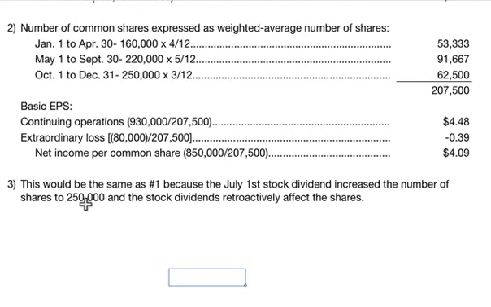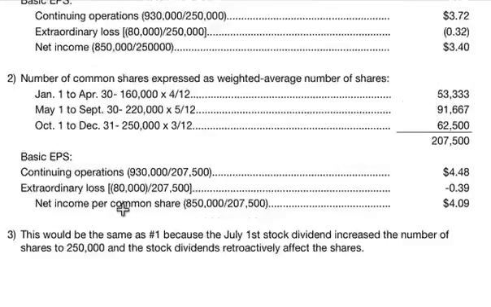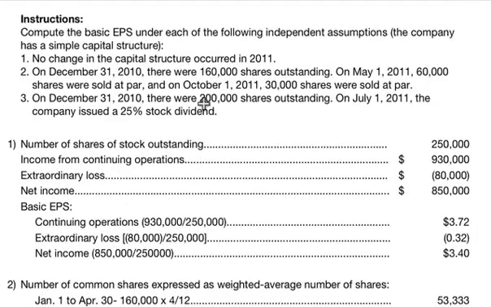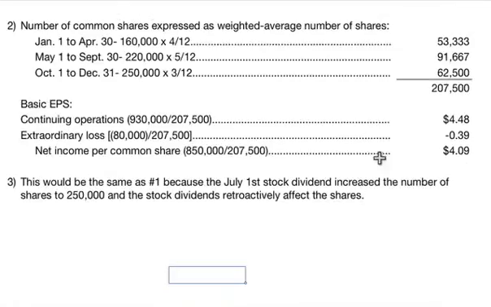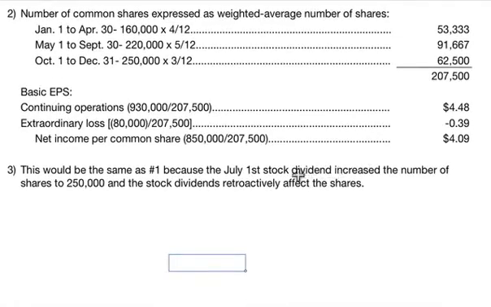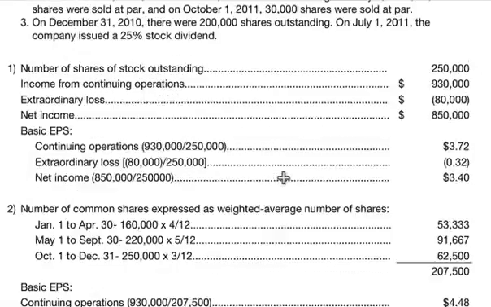Adding 25% more shares to 200,000 is 50,000, so you have 250,000, but on a stock dividend you apply it retroactively to the whole year. So you calculate it as if you had 250,000 shares the whole year, which would just be the same numbers as number 1. So that is how you do that problem with finding basic earnings per share.